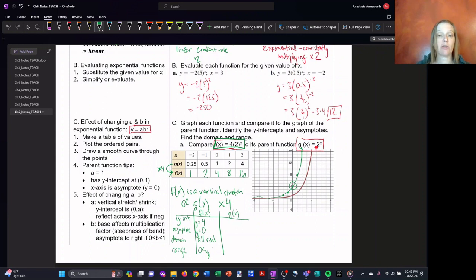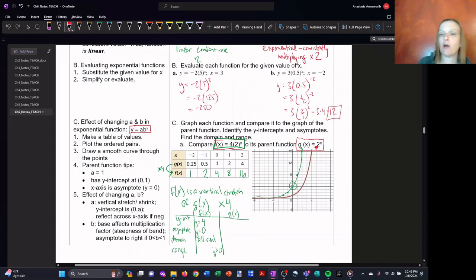You don't have to write that down. You can leave it as just y is greater than zero. And that captures all possible y values. y in this example cannot be negative, so that's not part of the range.